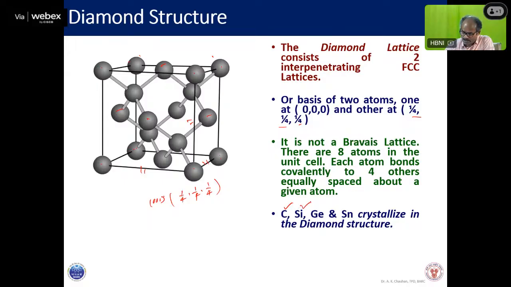Carbon, silicon, carbon when it is in the diamond form. Carbon actually has many structures, but here we are talking about the diamond carbon structure. Silicon, germanium, tin crystallize in the diamond structure. Silicon is the crystal used very much in the semiconductor industry, and therefore this structure plays a very important role.